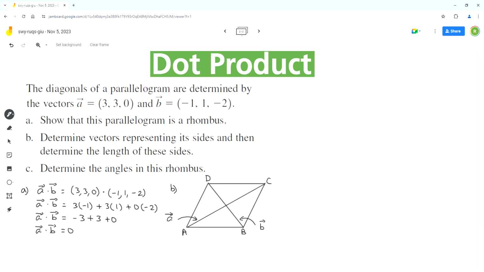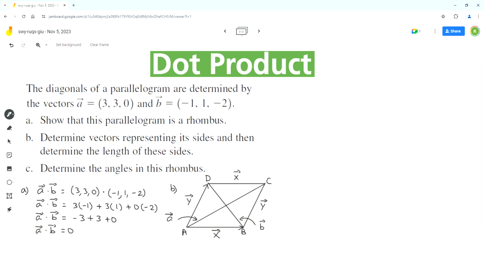Now let's assume the side AB is represented by vector X and side AD is represented by vector Y. In a rhombus, opposite sides have equal length and are parallel to each other, so side DC can also be represented by vector X, and side BC can be represented by vector Y. So we have to find the vectors X and Y that represent its sides.